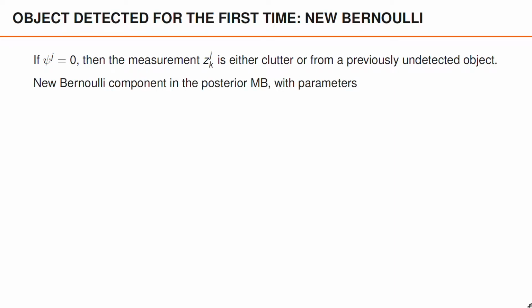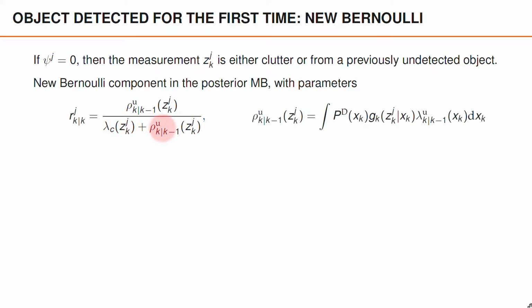We get a new Bernoulli component in the posterior multi-Bernoulli that has a probability of existence that is equal to an intensity function rho divided by the clutter intensity lambda c plus rho, where rho is defined as the integral of the probability of detection, the measurement model g, and the prior undetected intensity lambda u.